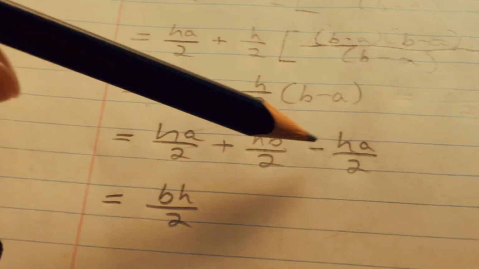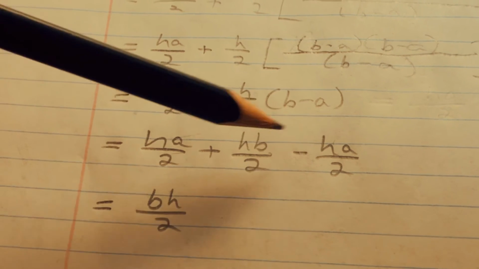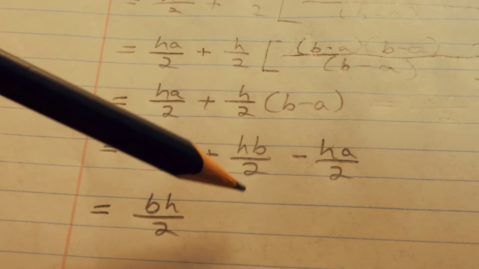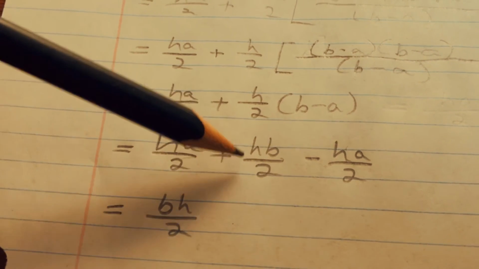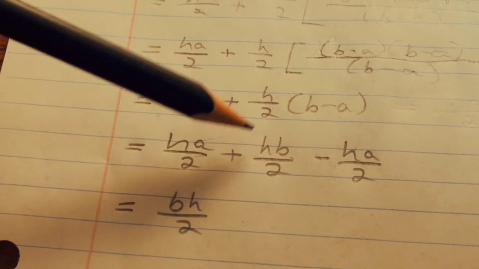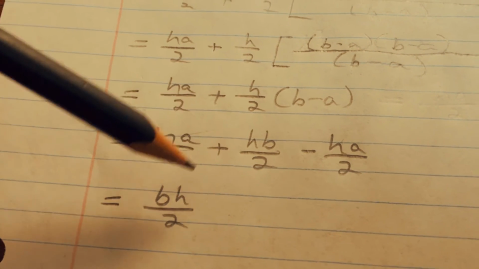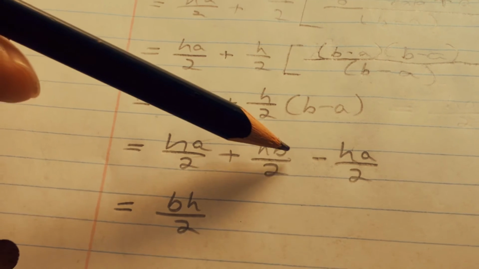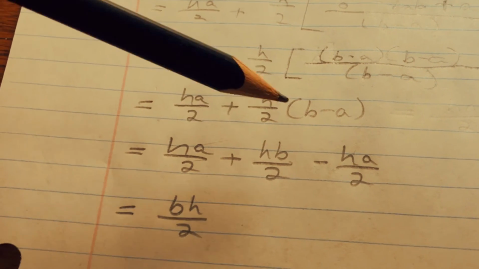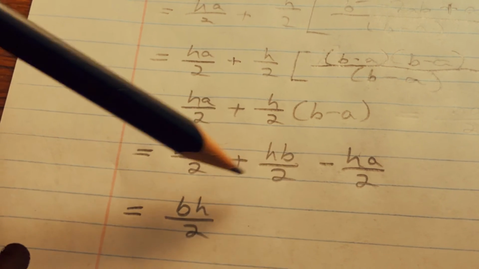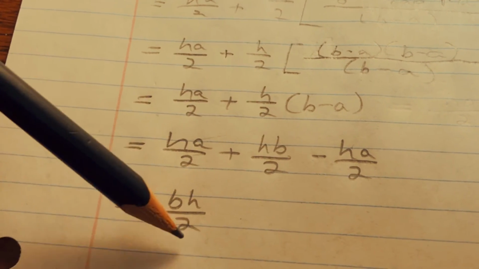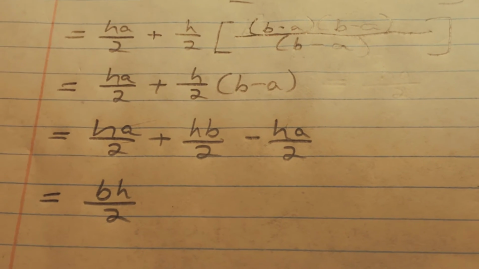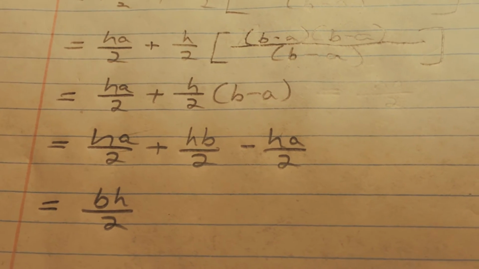And this term minus this term is 0 because those terms are equal. What is left? HB over 2 is left. But the order you multiply does not matter. So HB over 2 is BH over 2, and we have shown what we wanted to show.